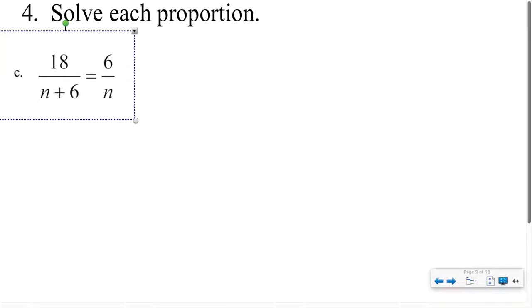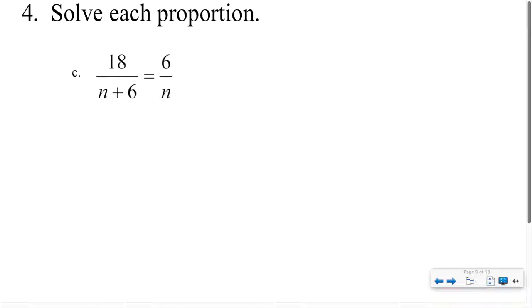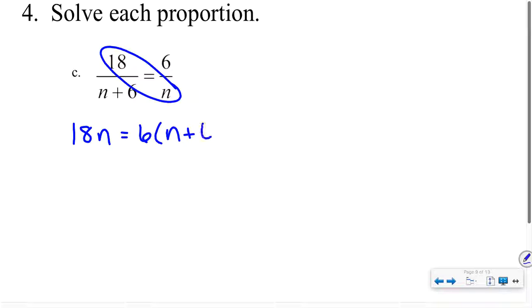Okay, try the third one there. You have to be careful when you have to distribute. Some of you will try and do it in your head, and you'll forget to distribute to the second term. n would equal 6 times the quantity n plus 6.